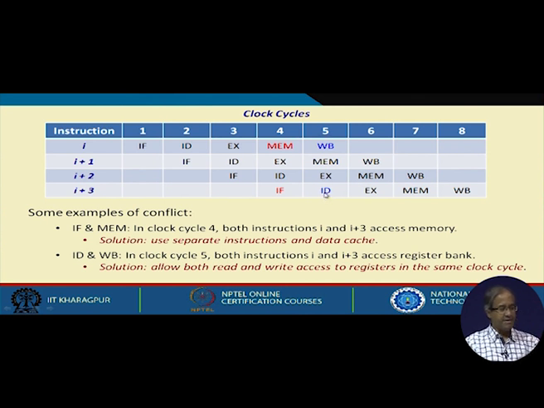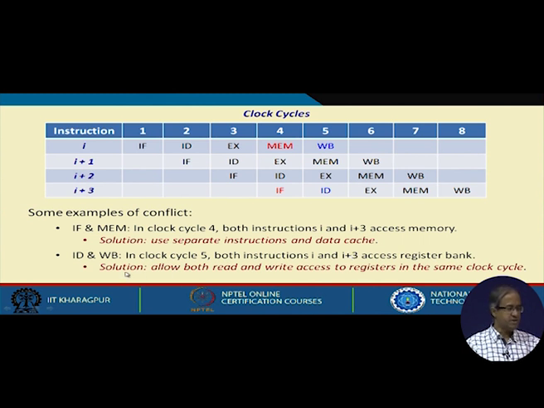So, again here marked in blue there is a conflict in time cycle 5. The instruction I plus 3 is trying to read from the register bank, and instruction I is trying to write into the register. So, this is also some kind of a conflict.